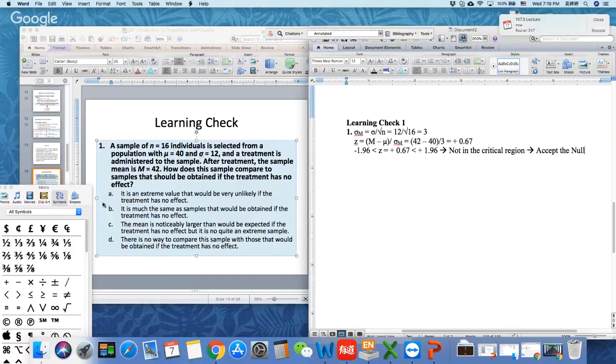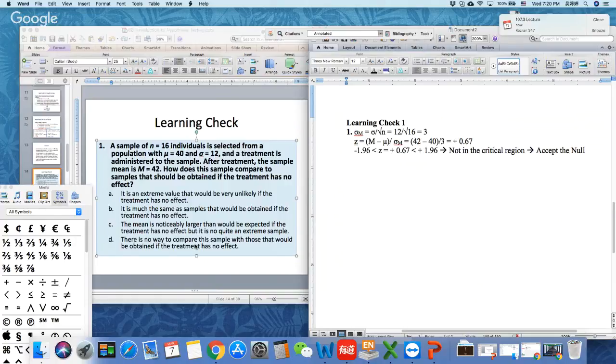So let's check which one is our choice. A is an extreme value and very unlikely, so that's not true. And then B: the sample is much the same as what would be obtained if the treatment has no effect. Yes, that's what we found, right? C is not correct because it says notably larger, and notably larger would mean we do have a significant treatment effect. In fact, this is not true.